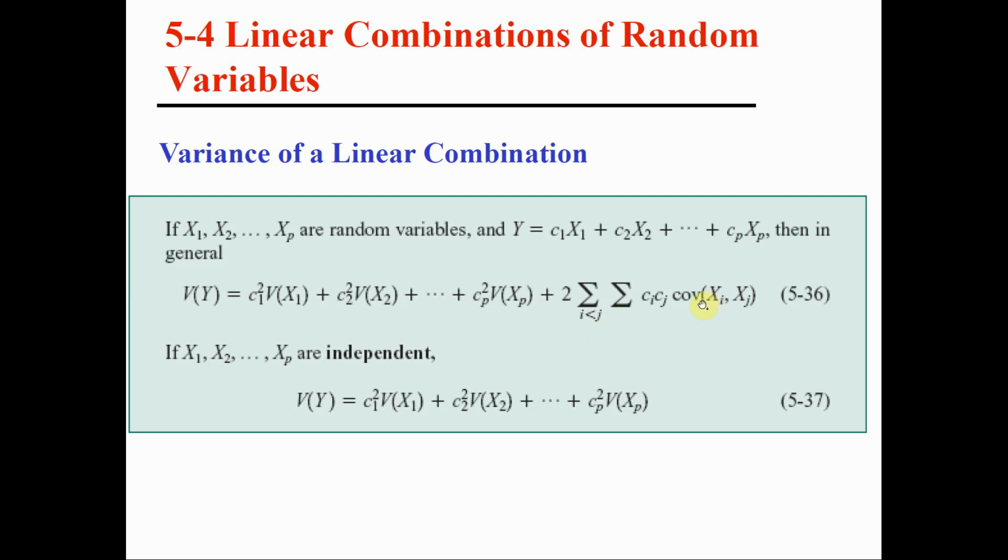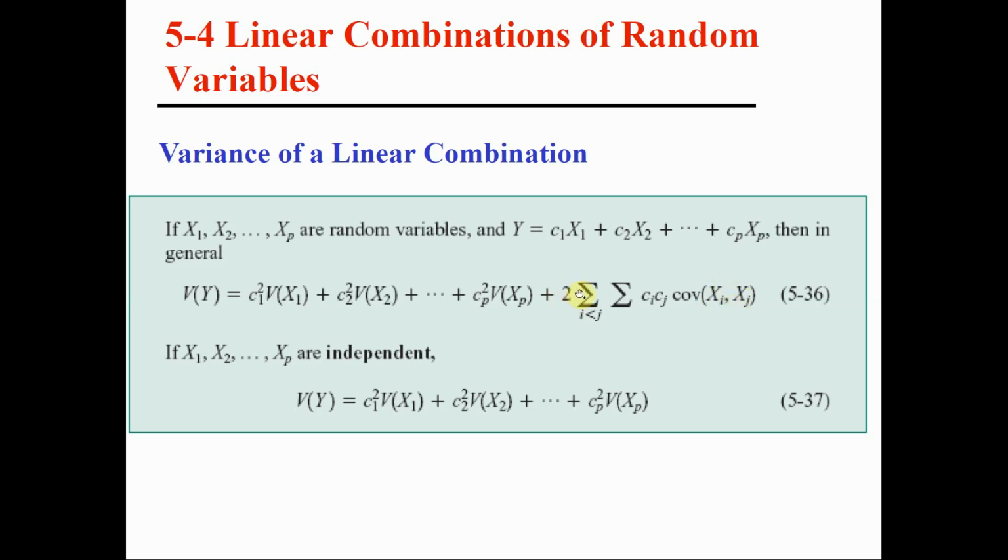Now let's try to understand those terms. They may look complicated, but they're easy. What we're doing is adding all pairwise covariances. So we are adding covariance of x1 and x2 plus covariance of x1 and x3 plus covariance of x1 and x4 plus covariance of x2, x3, x2, x4, and so on.